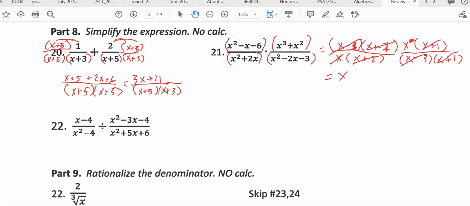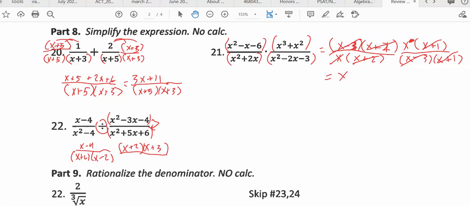Pretty fun. Okay, this one, the first thing you want to do is flip that, right? So this second fraction is going to be flipped there. So the first fraction will just be x minus 4 over x plus 2, x minus 2, times, I'm going to put this bottom one up top, so if I factor that, that'll be x plus 2, x plus 3.